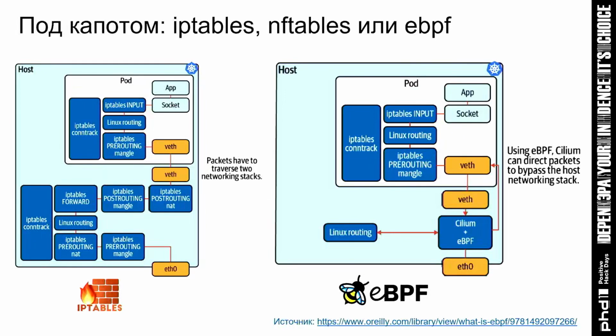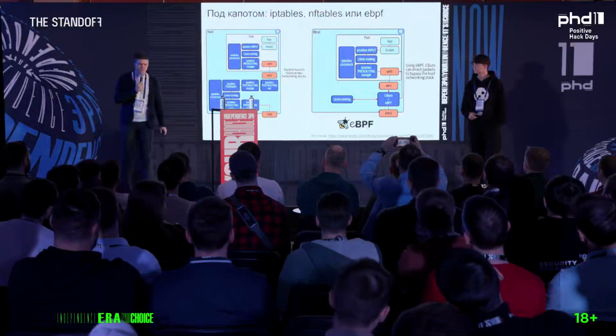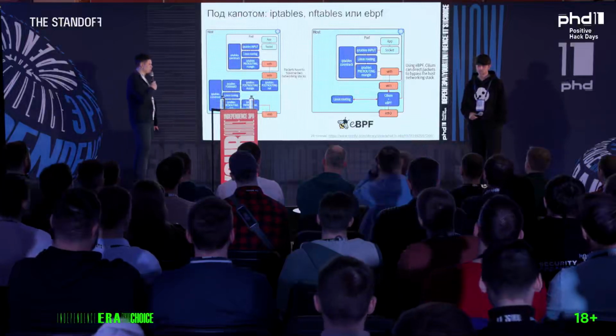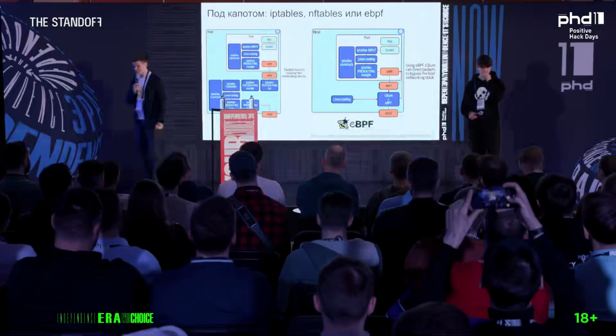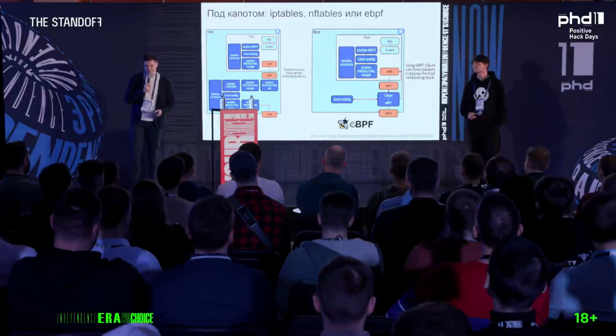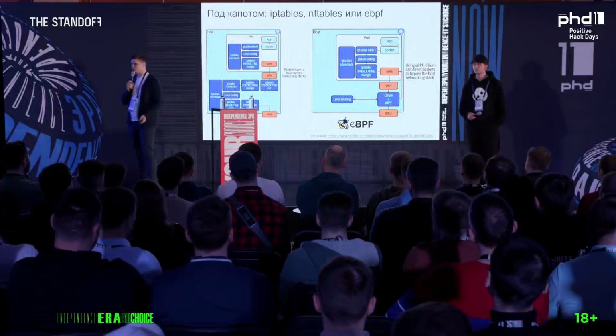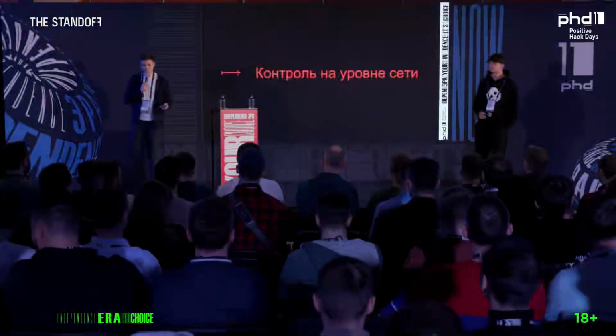Well, that's because the long iptables chain introduces latency, decreases performance, and hinders efficiency of execution. But eBPF comes with certain peculiarities, and you want to understand what your plugin works best with, iptables or eBPF.